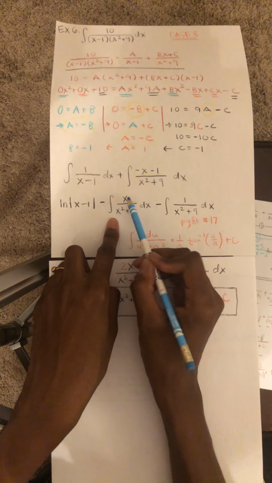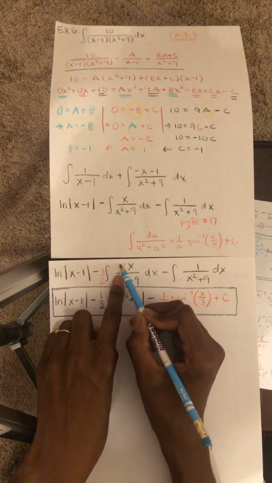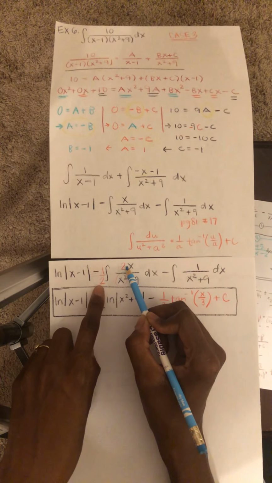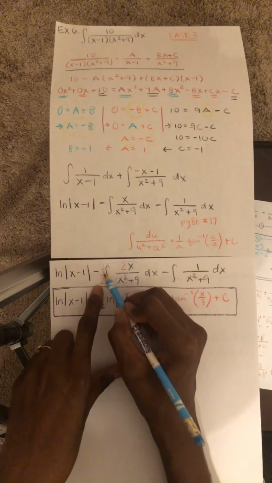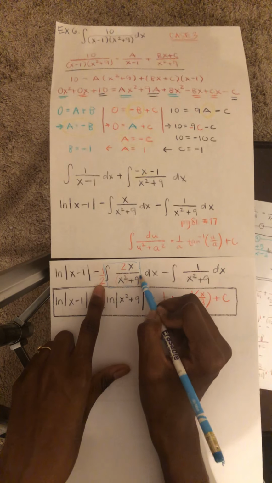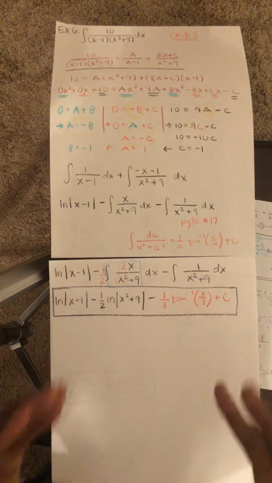This only says x, which means we need a 2. So we add the 2, we multiply by the 2, which means now we have to divide by the 2 to cancel it out, okay? So now, this whole integral here, we can use our natural log absolute value trick and just bring down the half, okay? So let me run through that again.